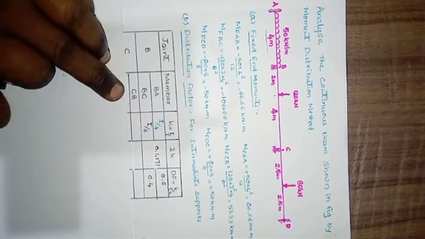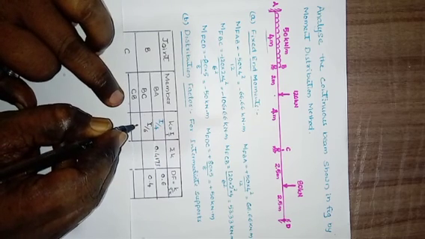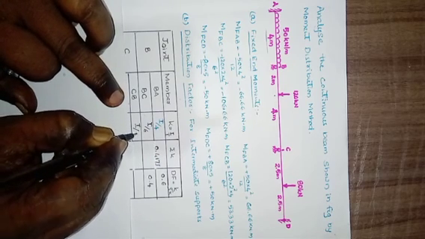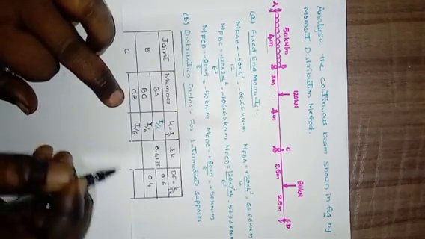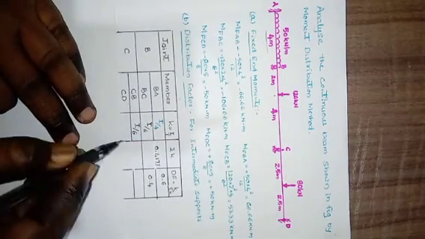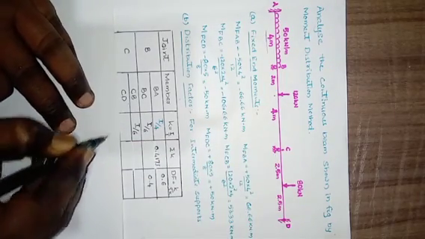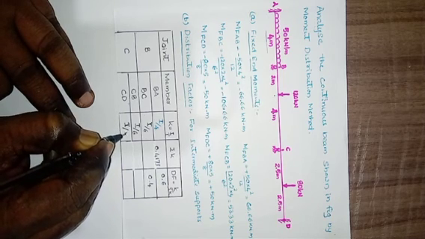Once we calculate the distribution factor for joint B, the two members BA and BC, then go to joint C. Here the relative stiffness value K equals I by L. This one is I by 6 for C to B, that is length is 6 meter, moment of inertia is I. Then for C to D, the length is 5 meter, therefore relative stiffness is I by 5.